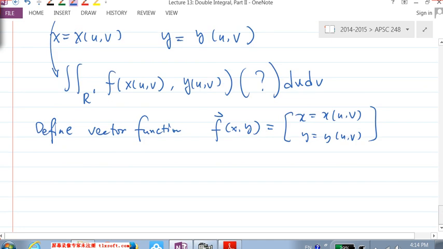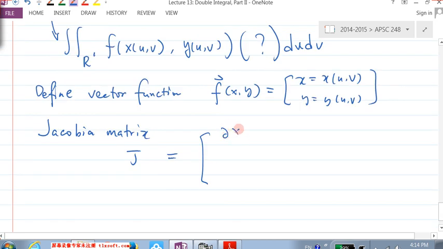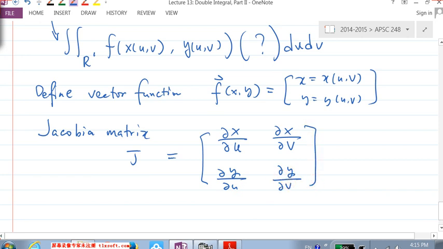Then, as you learned in numerical analysis, what is the Jacobian matrix J, given this vector? It's partial x over partial u, partial x over partial v, and partial y over partial u, and partial y over partial v.